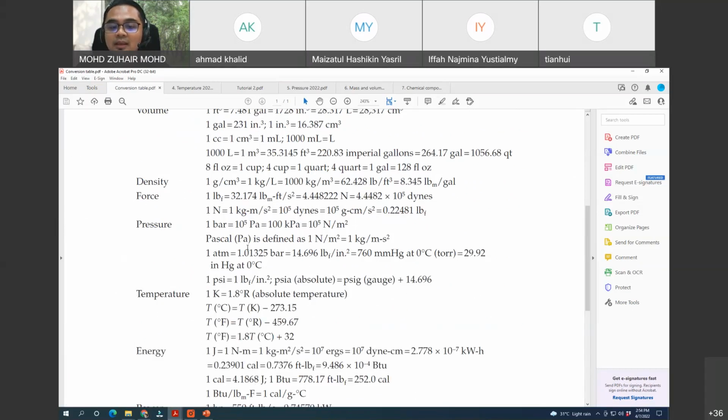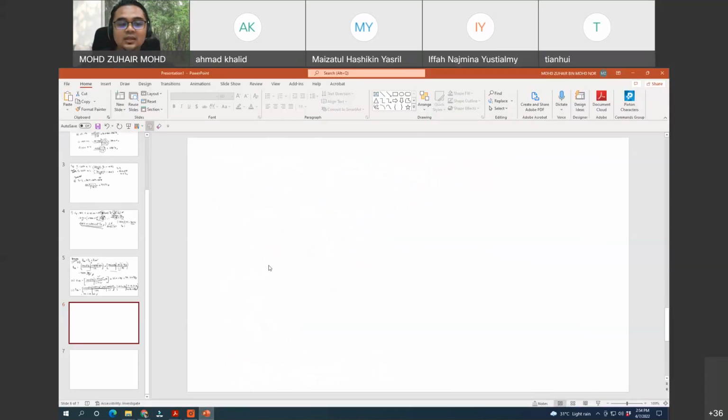And the conversion here is in millimeter mercury. So you need to change the millimeter to inch, and then change to Newton over meter square. Pascal, Pascal. Okay. So the answer will be like this.